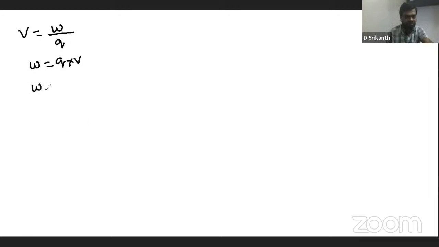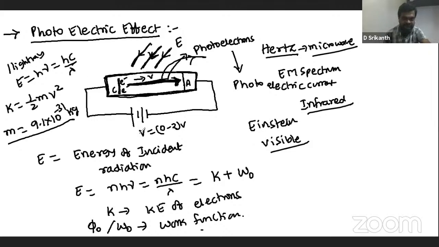Similarly, work function I can write as charge of the electron times potential, the minimum potential applied to the metallic surface to escape the electrons from the metallic surface. I can write it as e into V naught.